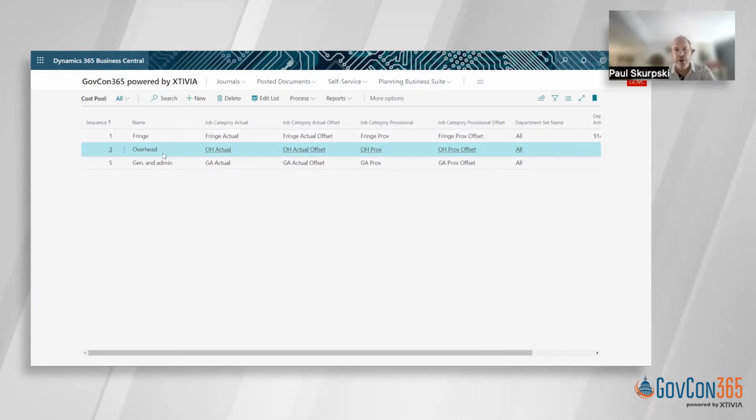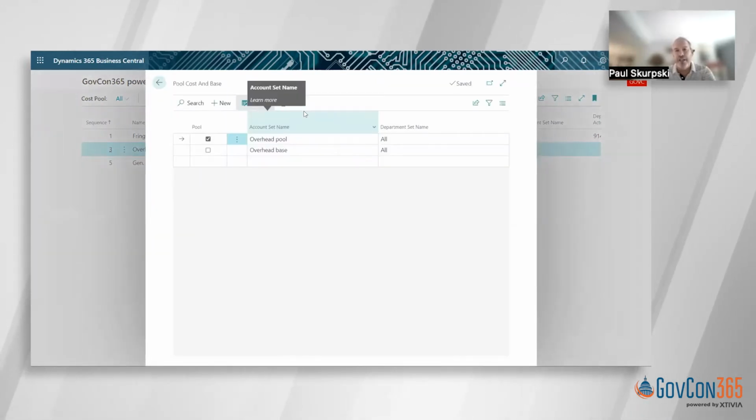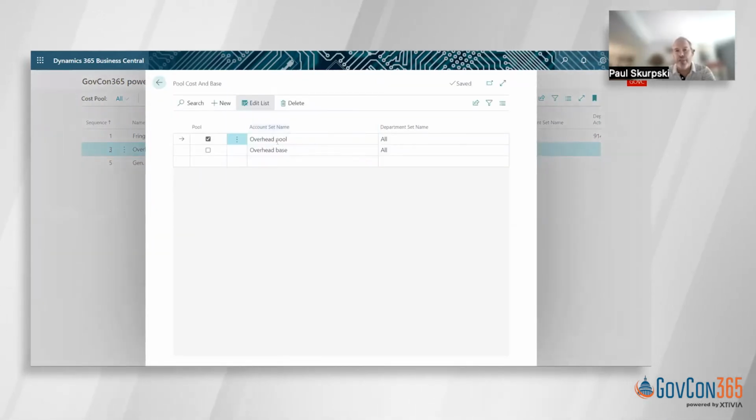I'm going to take you into my overhead pool to explain and demonstrate how a rate is set up. So step one, you can see under my process area in the application, you've got a setup for your pool cost and base. This is where we would define what accounts are included in that particular pool. So you can see the top line where pool is checked.